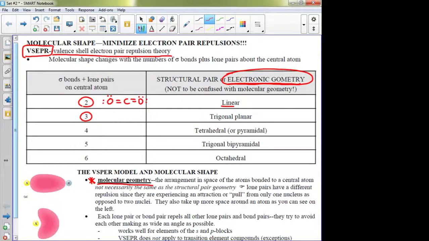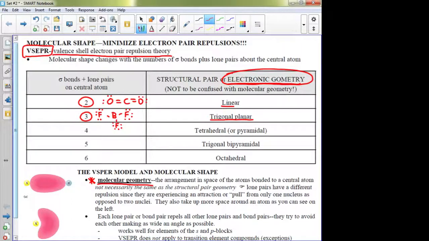All right, so now we're going to assume that it's trigonal planar if we've got 3 things going on. So we've got a total of 3 things going on, like VF3. I've got 1 central atom. How many bonds does it have going on? 3. So I would say according to the electronic geometry, that should be trigonal planar, because tri means what? 3.